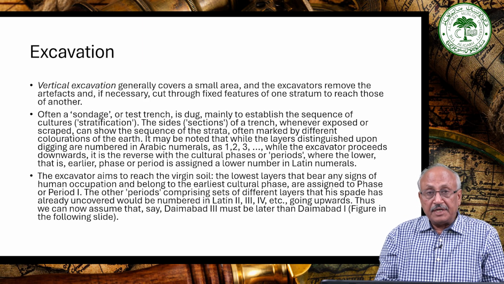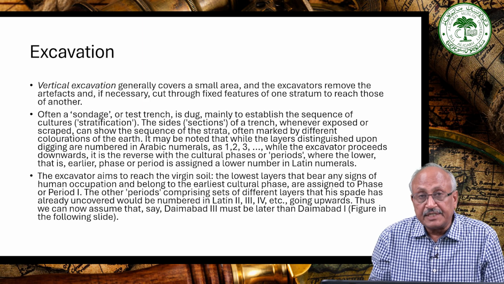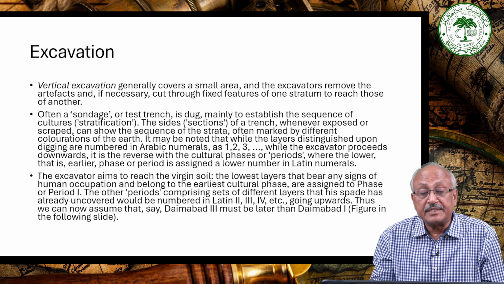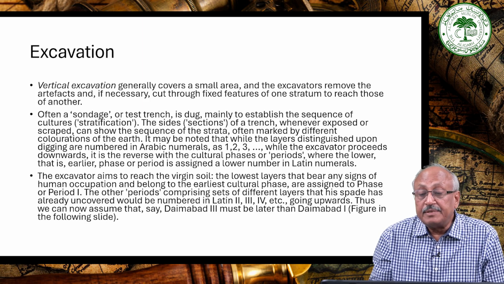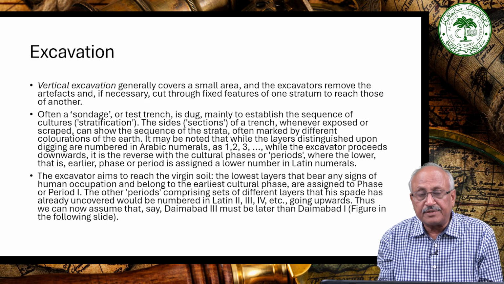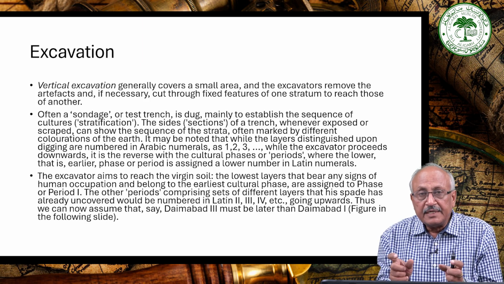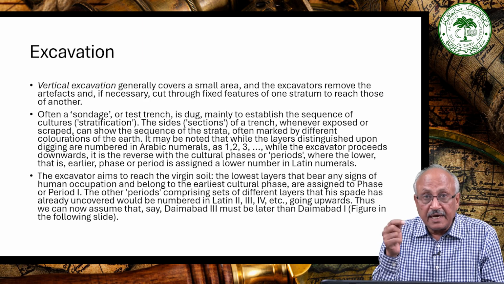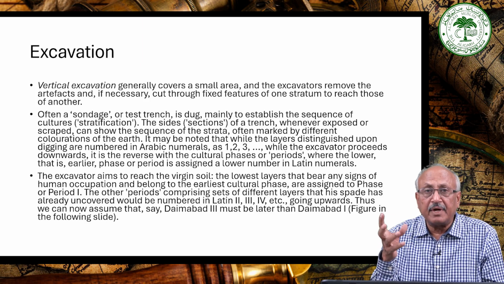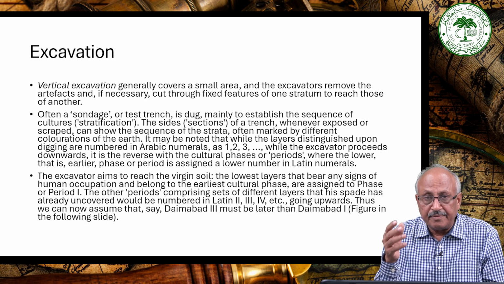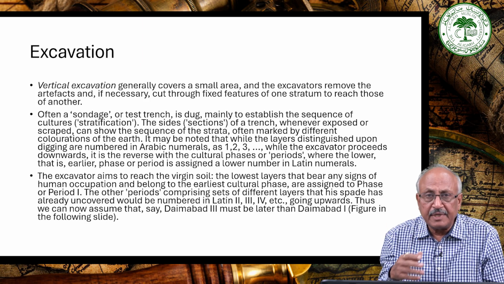Often a sondage or test trench is dug, a test ditch, mainly to establish the sequence of cultures. In archaeology, the archaeologists use the term stratification. These are the various layers of the earth, which are marked by their colors. Some will be very brown, some lighter, some layer would be yellow, something like that.